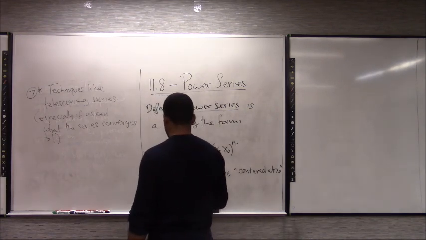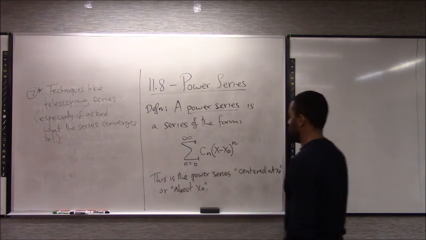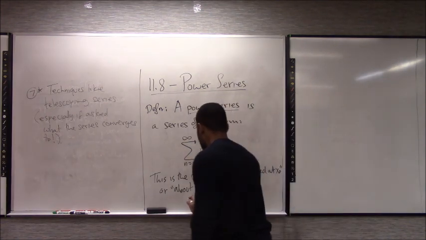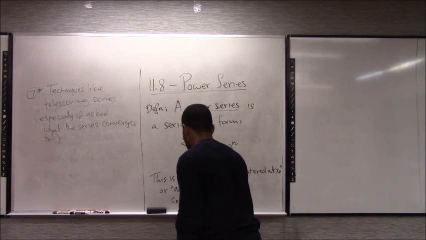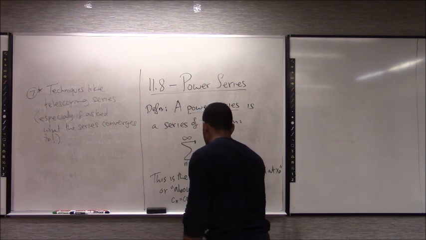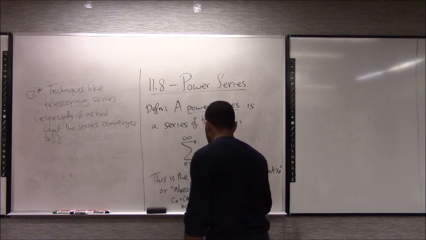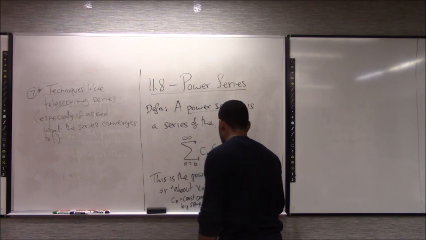About X naught. So X sub 0. The Cn's are constants, given by some formula dependent on n.